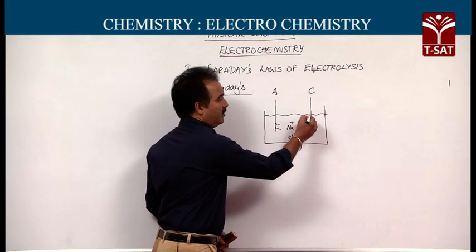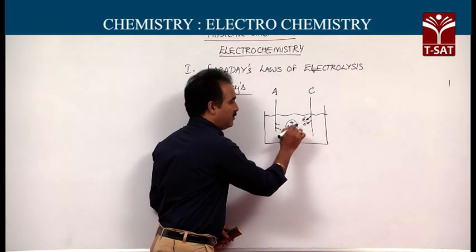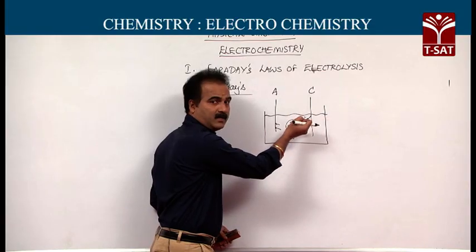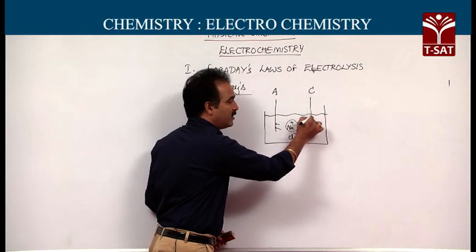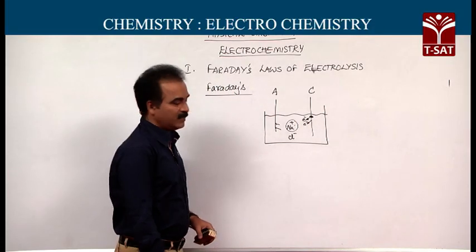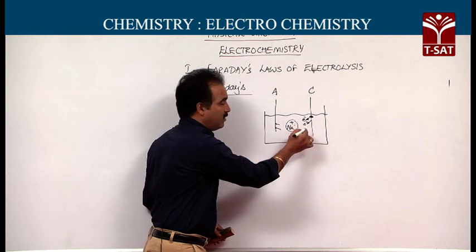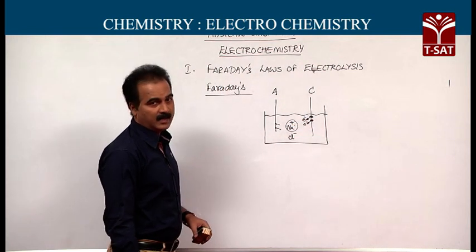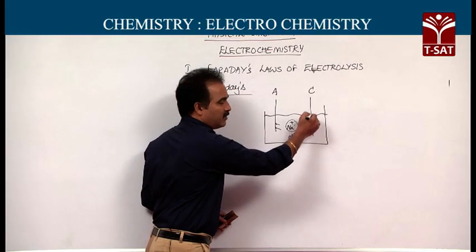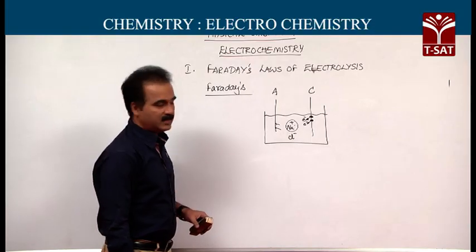For example, if you send one electron through the cathode, one cation will go there, receive the electron, undergo reduction and deposit as a sodium metal atom. Another electron, another sodium ion will catch it and deposit as a sodium atom. So, as many electrons as you send, that much sodium is deposited.